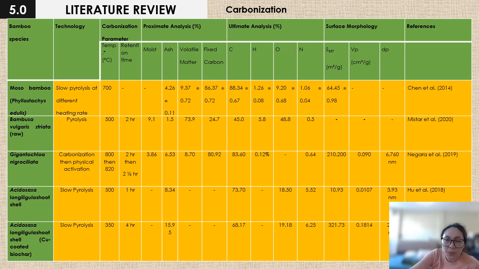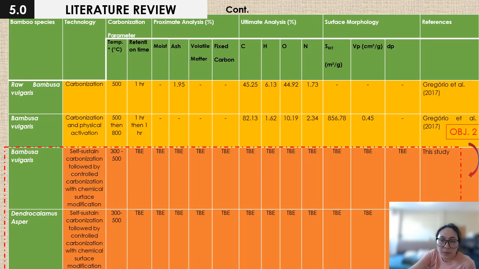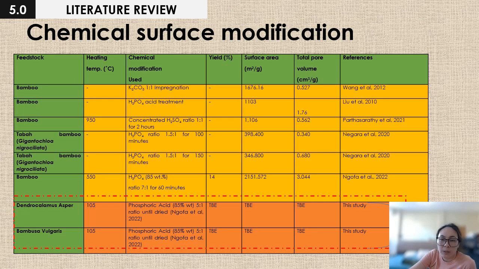We will study the carbonization parameters, proximate analysis, ultimate analysis, and surface morphology, which is the BET surface area, pore volume, and pore diameter. Here we want to fill this research gap in our objective 2, where we use phosphoric acid, as most previous research has used a 1:5 ratio.